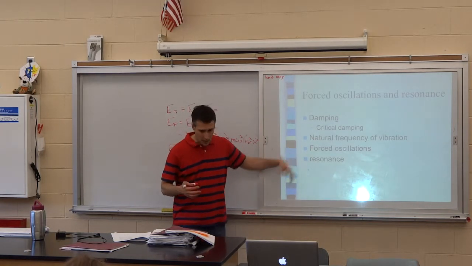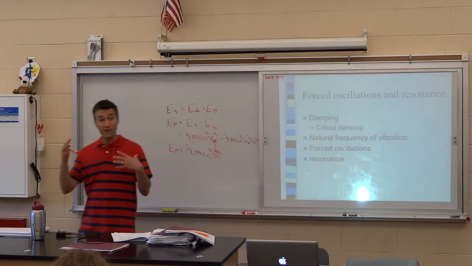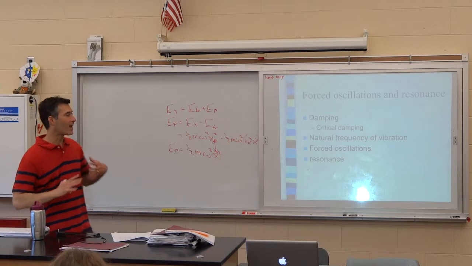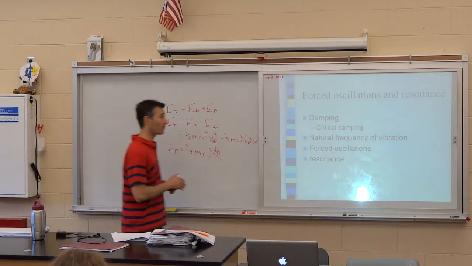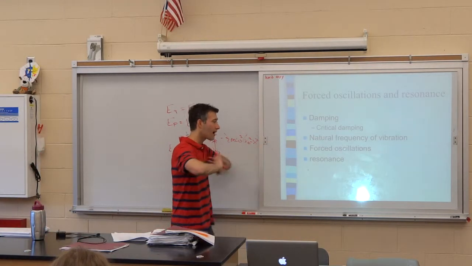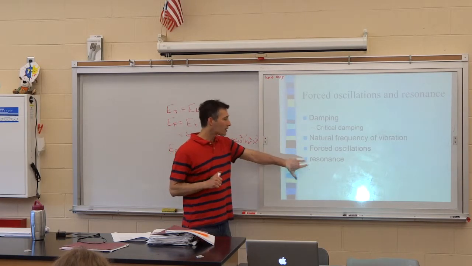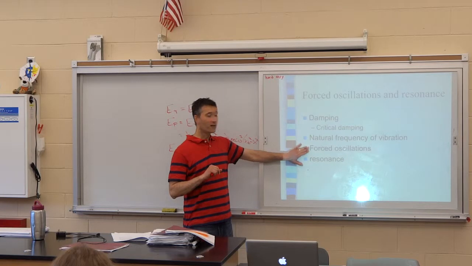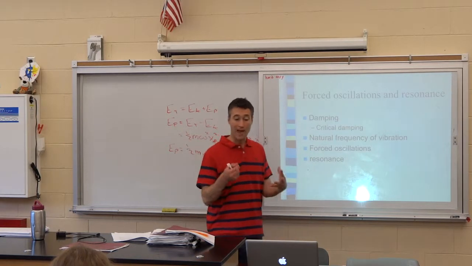And forced oscillations are when we have damping and we have something that is restoring that energy that's lost from the damping, so we're continuing to force our oscillator. And then resonance occurs when the frequency of the driving force is the same as the natural frequency.